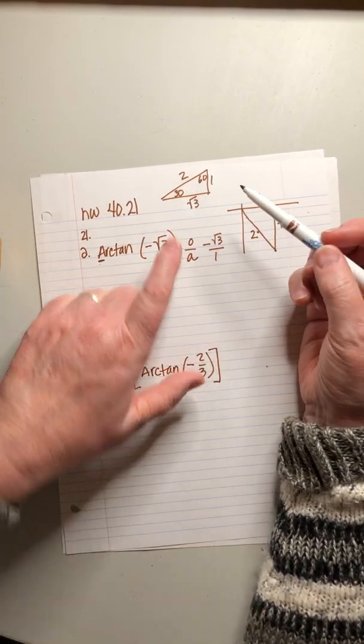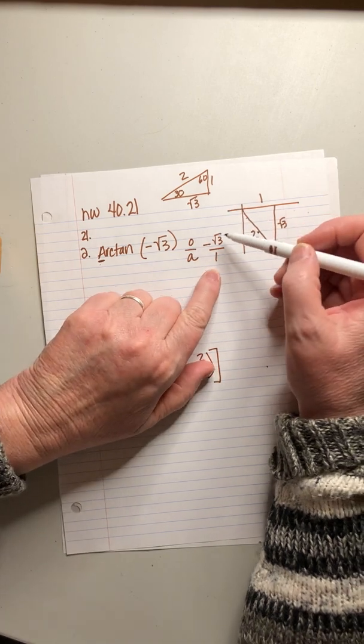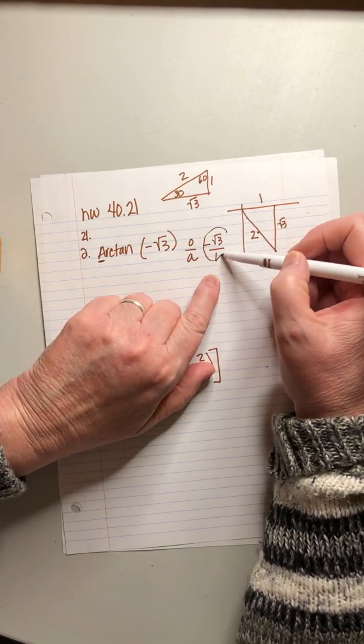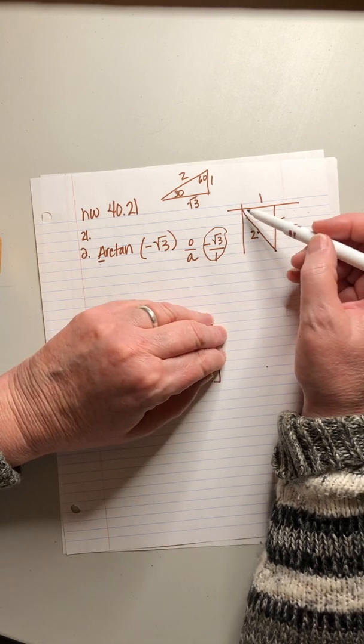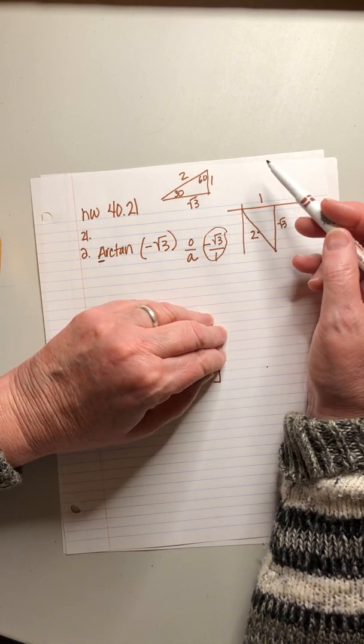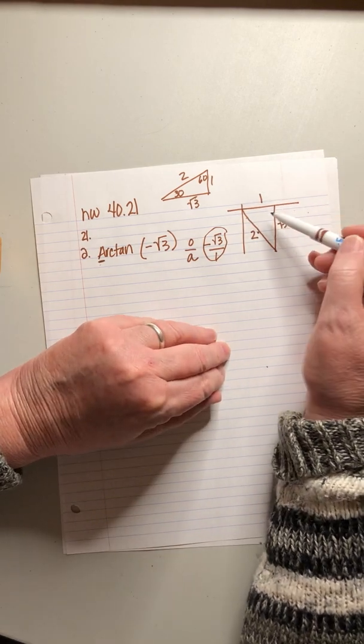So what I'm doing, just so you understand what's going on inside my brain, I recognize from this that it's a 30, 60, 90 triangle. But I don't know if we need the 30-degree part of it or the 60-degree part of it, because I'm not sure how that triangle needs to be oriented.